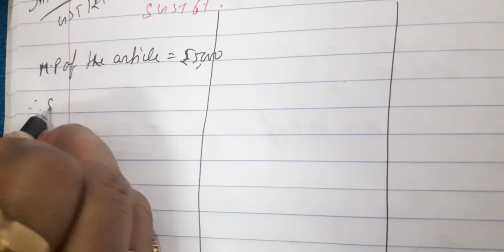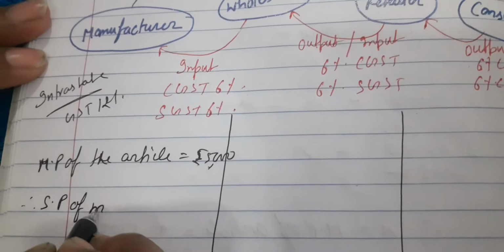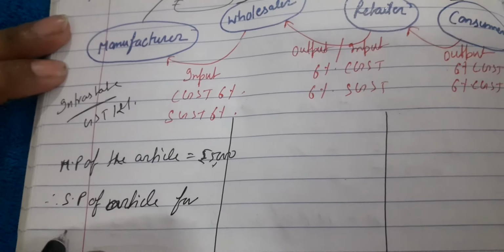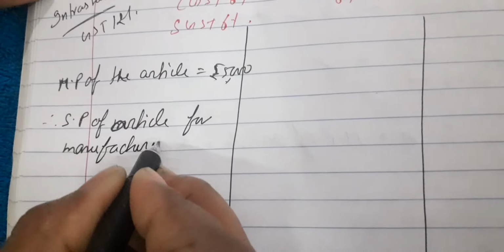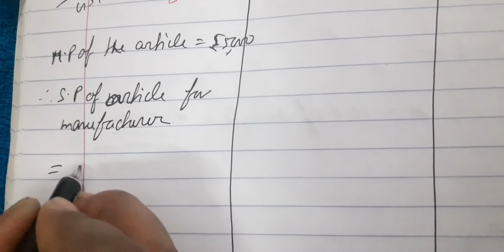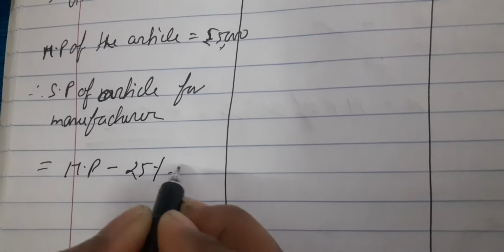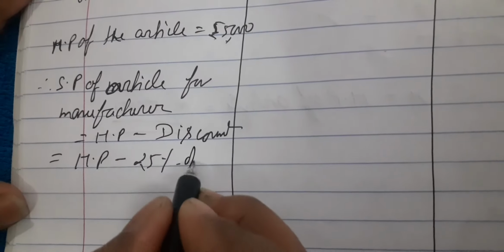Therefore, the selling price of the article for the manufacturer is equal to mark price minus discount. First of all, write down MP minus discount so that you can understand where it came from. So MP minus 25% of 5,000.